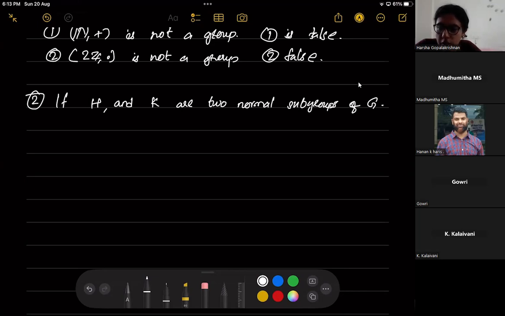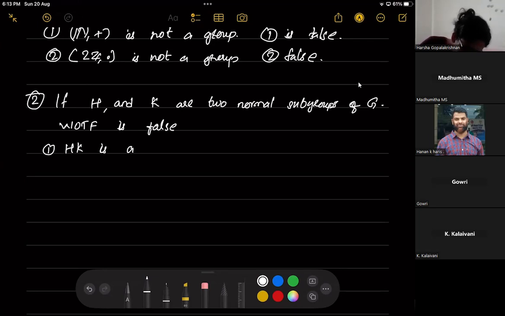Normal means aH equal to Ha and aK equal to Ka. So the question is, which of the following is false? I will give you a set of statements. We need to check which of them is false.